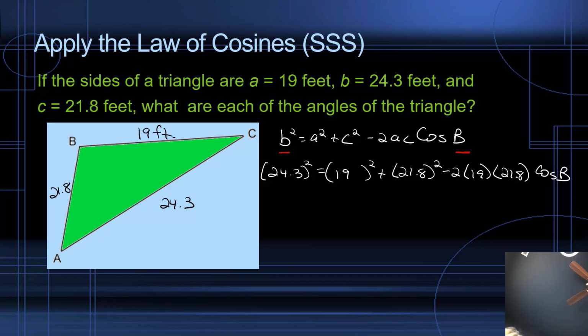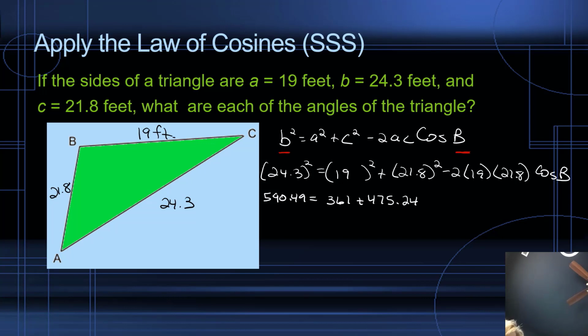We have the 24.3 squared, I'm going to have to write really small here, is 590.49. Followed by 19 squared, which is 361, plus 21.8 squared, which is 475.24.